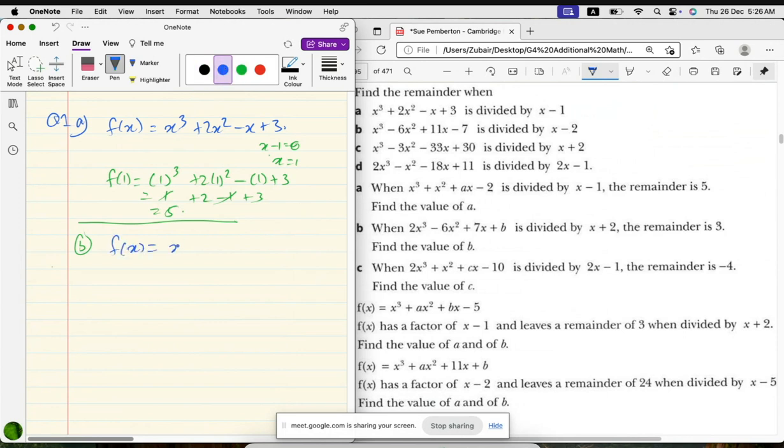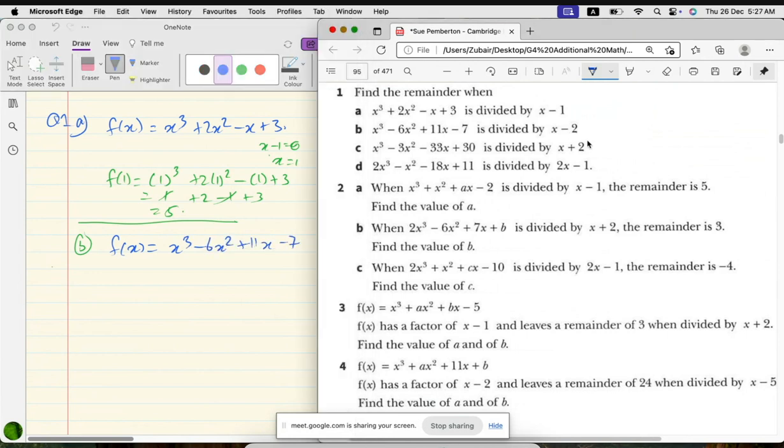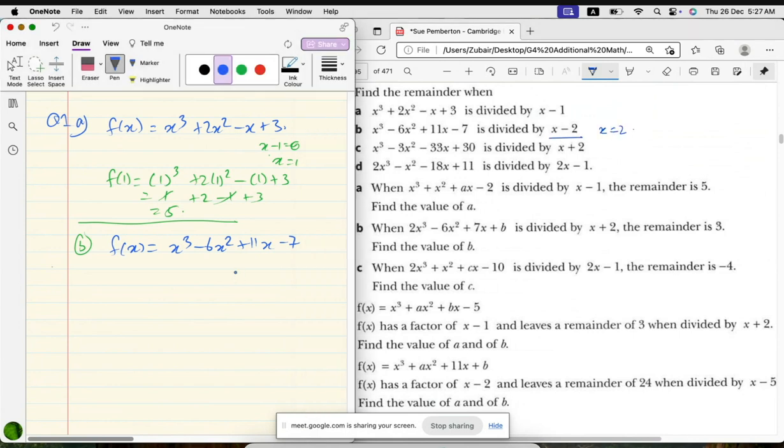f of x is equal to x cube minus 6x square plus 11x minus 7. When it is divided by x minus 2, that means x is equal to 2. f of 2 is equal to 2 cube minus 6 into 2 square plus 11 into 2 minus 7. 2 cube is 8. 6 times 4 is 24, 22 and minus 7.